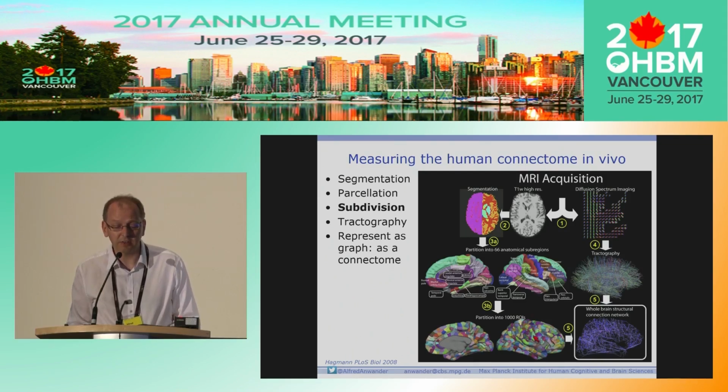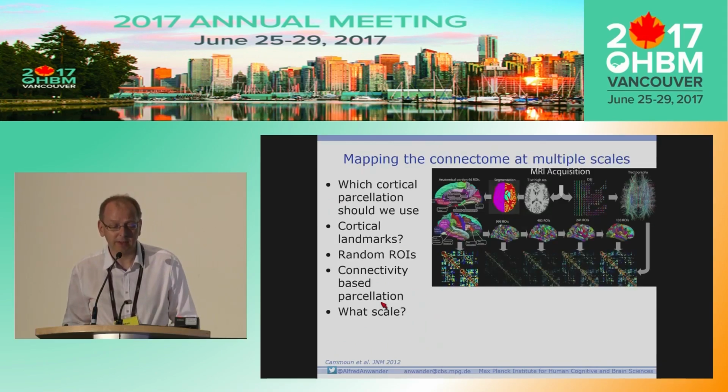So each gyrus is broken down into smaller areas with the idea to have homogeneous regions to compute the connectivity from. I'll come back to this later. And actually he used different subdivisions of this gyrification. Here he cut it into just 130, then 240, 400 or 900 small parcels, and computed this connectivity matrix.